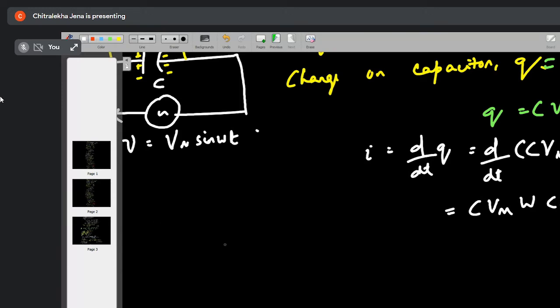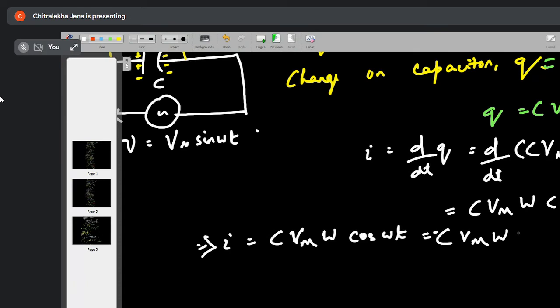Okay. So this implies I is equal to C Vm omega cos omega t. This one I can write down as sine omega t plus pi by 2.